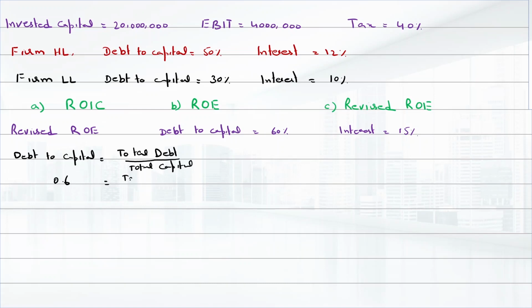Total debt that we have to find divided by total capital is 20 million. So total debt will be 12 million.